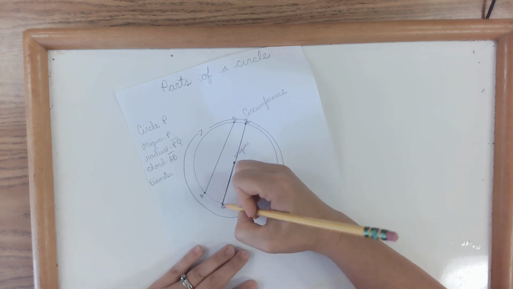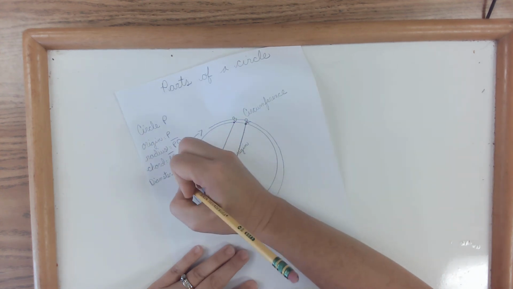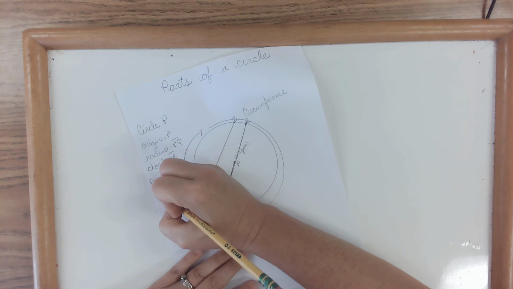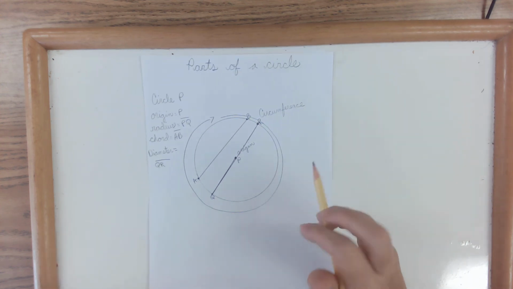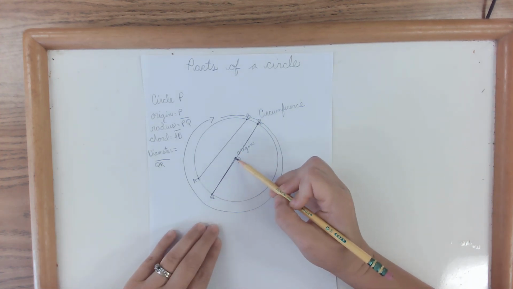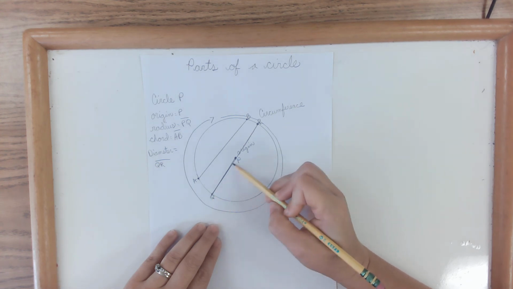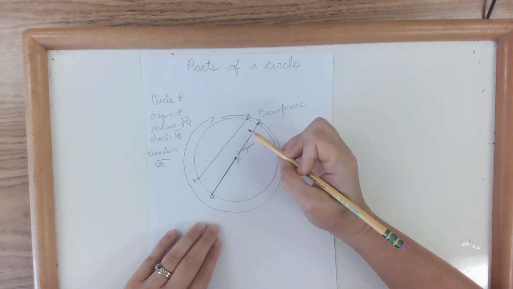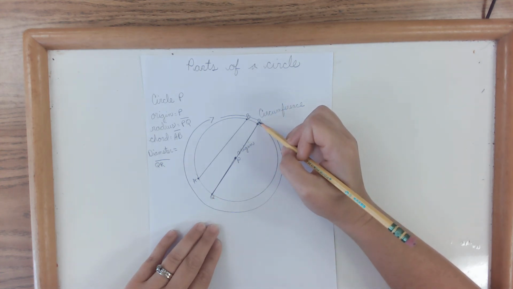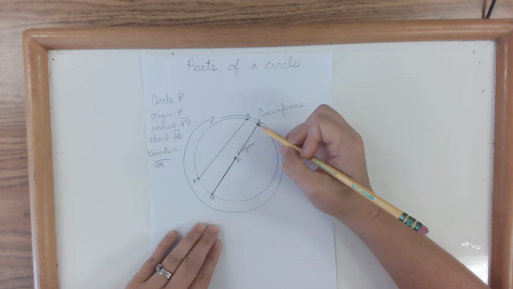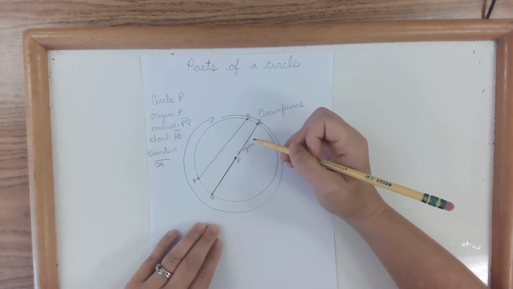And I'll call this QPR. Diameter QR. If you notice, this is a radius, QP. This is a radius, PR. One diameter is equal to two radii.